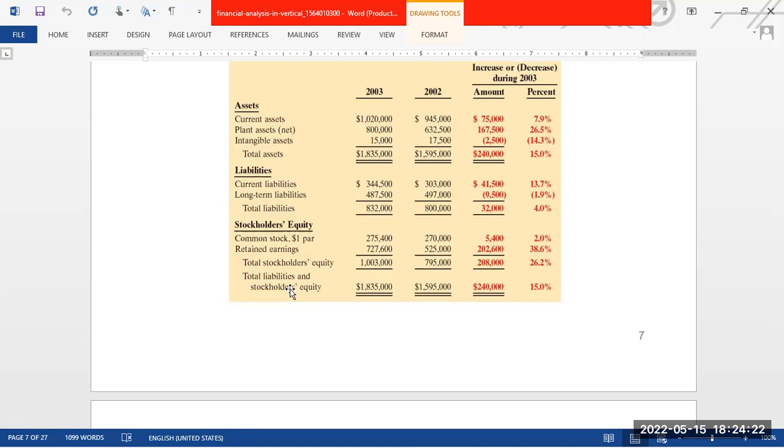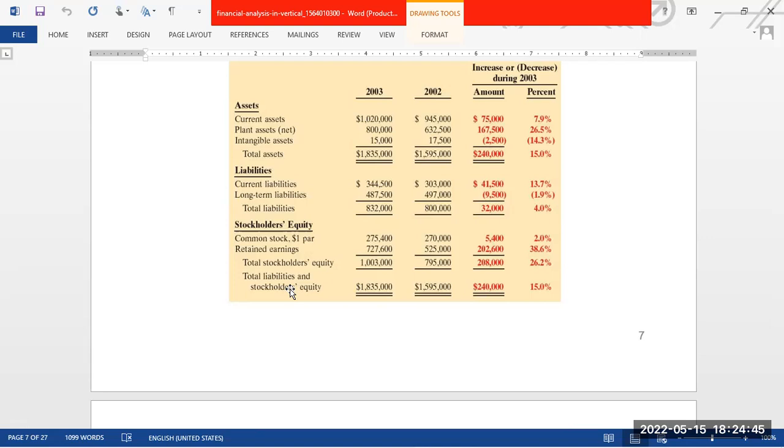So the base year is the previous year, and the current year is the year after the previous year. I'm repeating, the base year is the previous year. Then the current year is the year after the previous year.